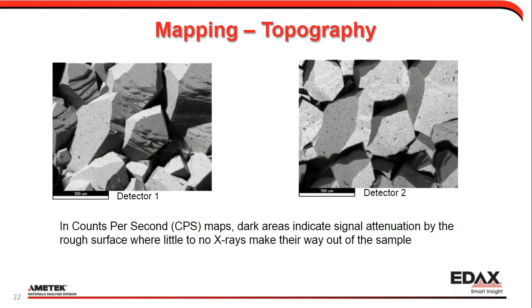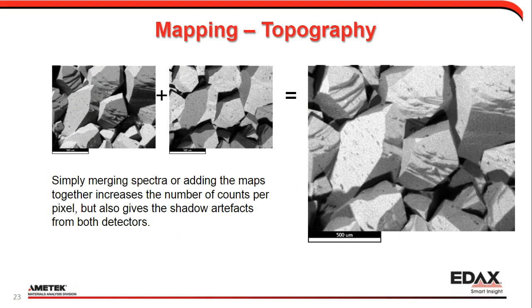There's a couple of tricks we can do. What I did before was merging the maps, so adding the spectra together on a pixel by pixel basis. For topography, that's not necessarily the way to go. If we look at this feature here in the detector 1, the left-hand side one, you can see that's dark because it's facing away from the detector, whereas for detector 2, the right-hand side one, it's bright.